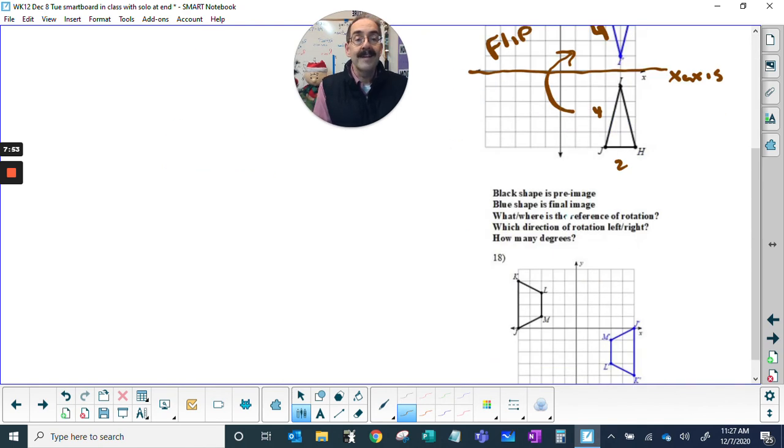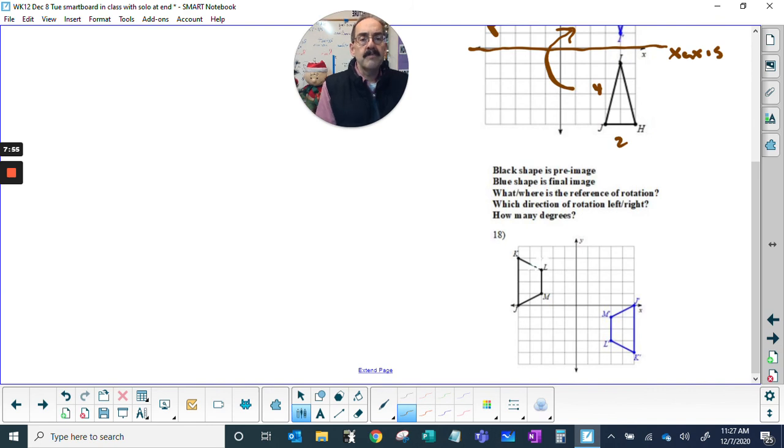Okay. And our last one. What is the pre-image? Okay, the pre-image is a trapezoid. Okay, blue image. It's got to get all the way over here. Where is the reference of rotation? Okay, so it looks like we're going to do this.